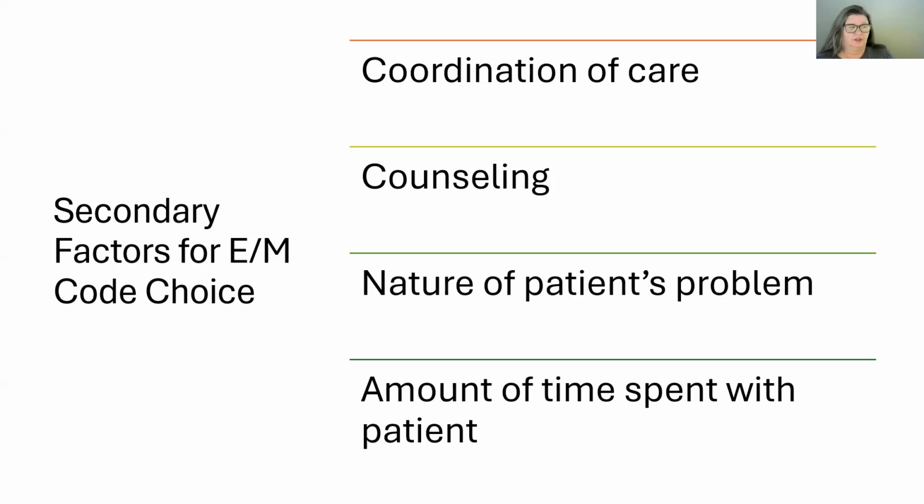If there's any counseling involved. What exactly is the nature of the patient's problem? If it's a really, really involved, complicated case, there are going to be some other factors there. And then, of course, the amount of time spent with each of the patients. So, again, it comes down a lot of times to time, complexity, skill level.